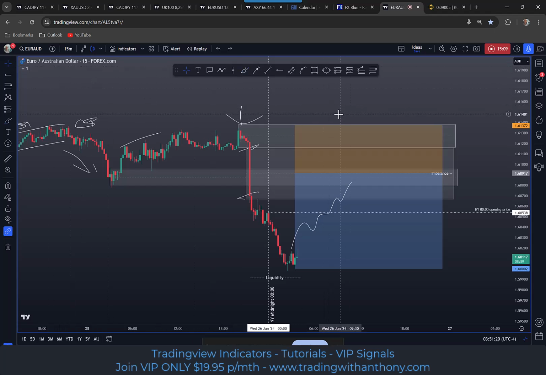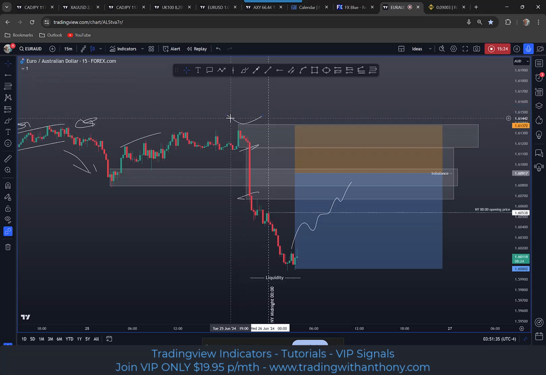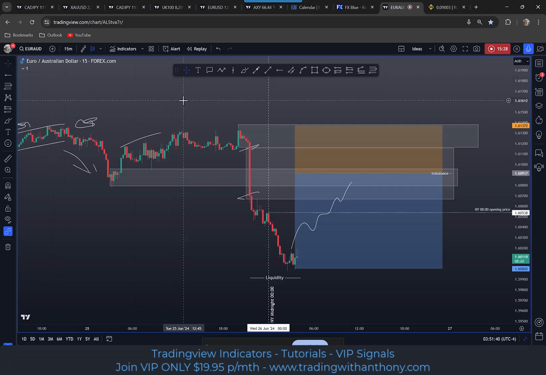Here's the thing. If the imbalance gets traded through and this order block gets traded through, the next port of call is going to be a liquidity run. My bias is bearish, given the strength of the Aussie and the weakness in the euro.